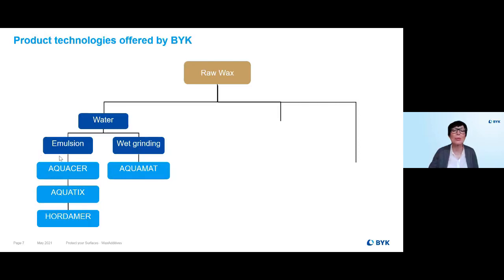The products which we offer here are the AquaCer products, Aqua Latin for water and Cera Latin for wax. We have the Aquatix products, which have a thixotropic behavior, and we have the Hordamer products, which are primary wax emulsions. We even do a wet grinding process to have bigger particle size distributions in our water-based wax additives. These products are called AquaMat, and due to the bigger particle size, they will give a matting effect.